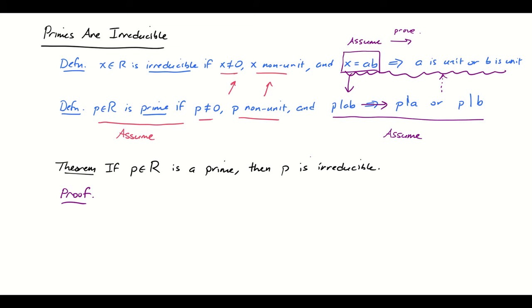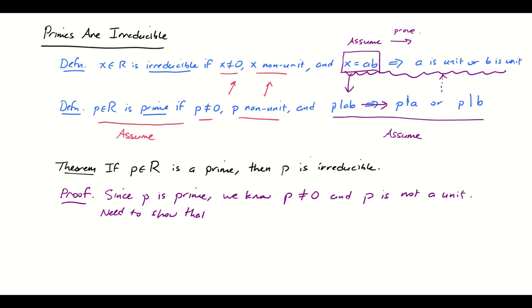All right, so first of all, since P is prime, we know that P is non-zero and P is not a unit. Great. So we need to show that if P is equal to A times B, where A and B are elements of R, then A is a unit or B is a unit.